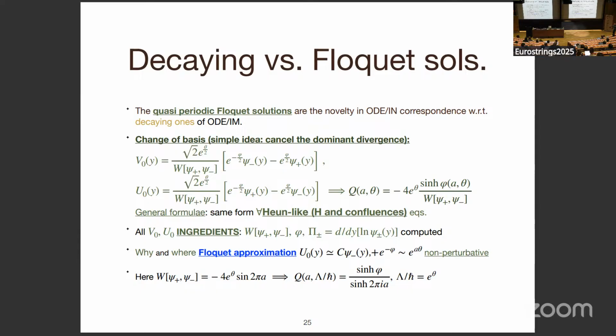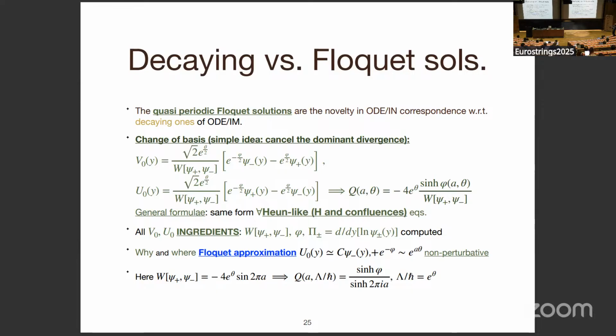You can compute this in the specific case of the Mathieu equation, and you exactly obtain the result I promised, but you can do it more generally for any Euler equation, okay? And we also have all the ingredients computed, three ingredients, one, two, three, to write down these two functions.